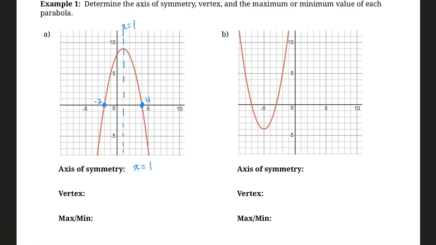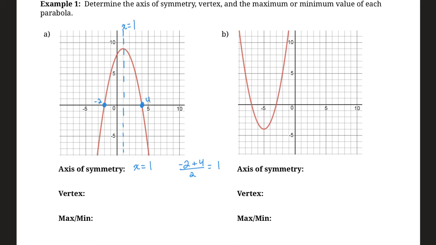Your axis of symmetry is always going to be the average between those two numbers. We find that number by adding them together, -2 plus 4, and then dividing by 2. When we do that, we get 1. So x equals 1 is our axis of symmetry.